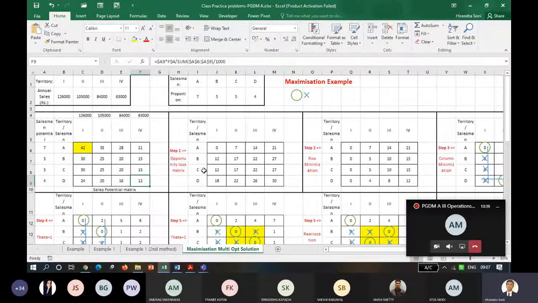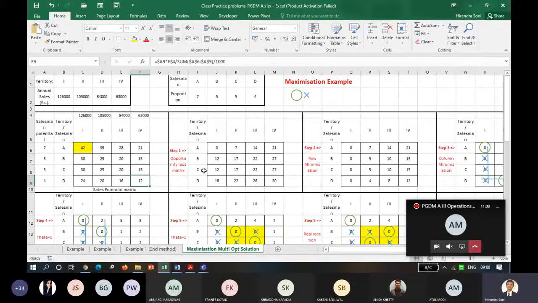Either you can minimize by multiplying the matrix by -1, or you can subtract all the elements from the highest element in that particular matrix. Then the next step is we will start with either row minimization or column minimization.